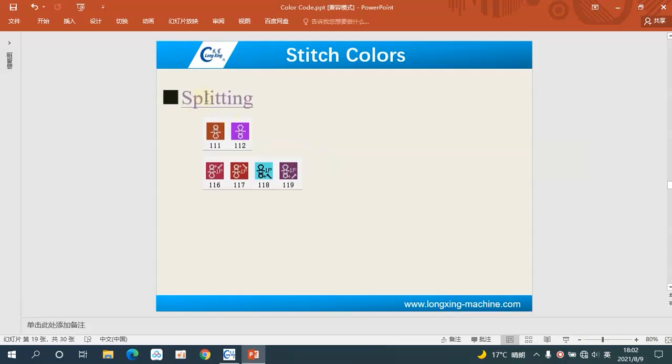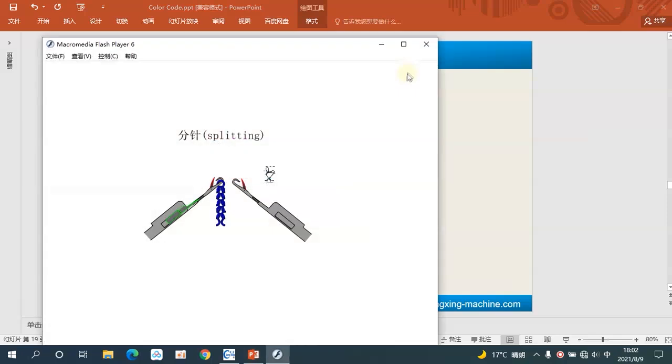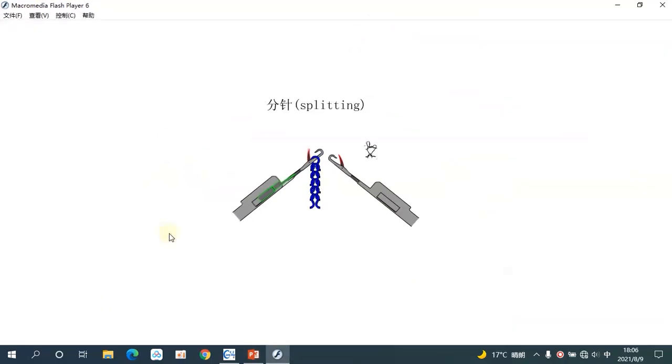Splitting. See the splitting animation. Now you can see the needle rise. Open the latch. The old loop returns to the spring plate of the needle pole. The knitting needle of another needle bed rises and receives the old loop. The knitting needle starts to fall.